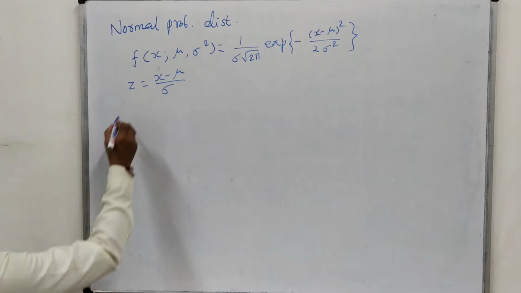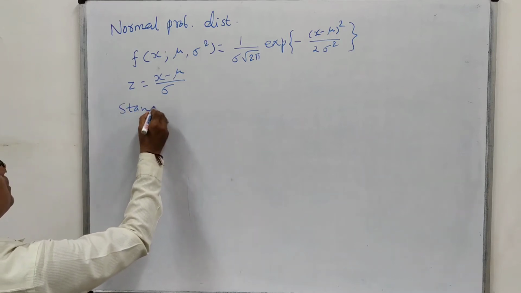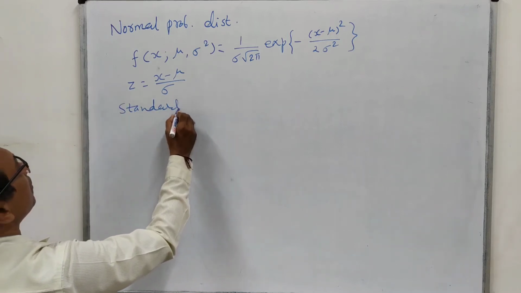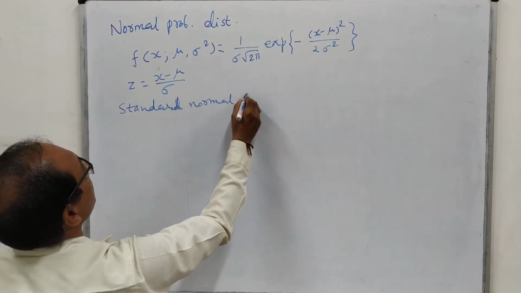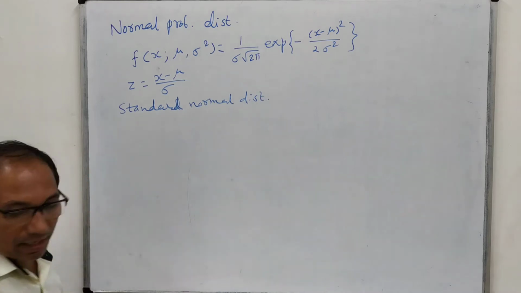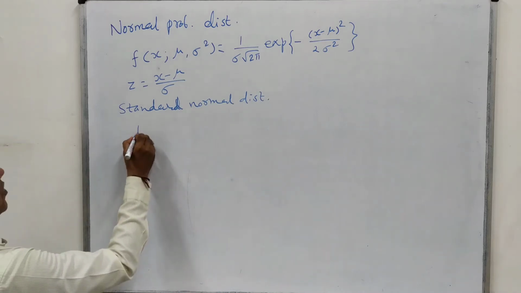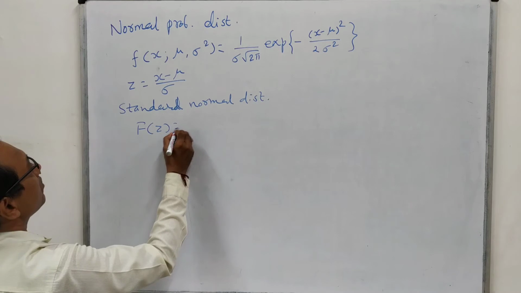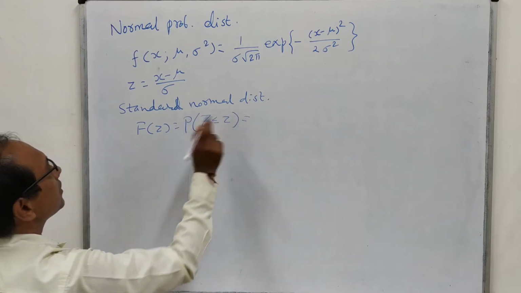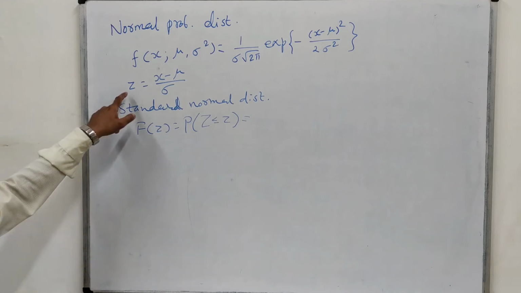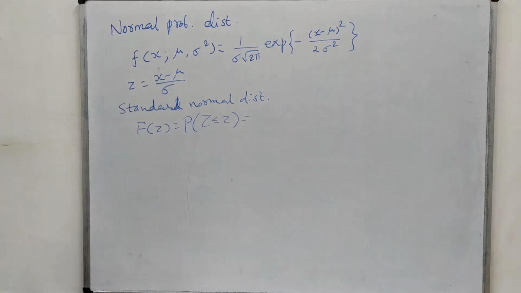And we have obtained the standard normal distribution. The standard normal distribution is capital F of z. This is nothing but the probability of capital Z less than or equal to small z, which we can obtain using this one.